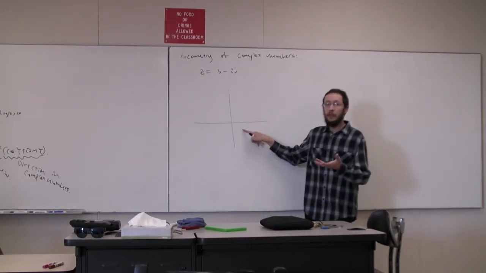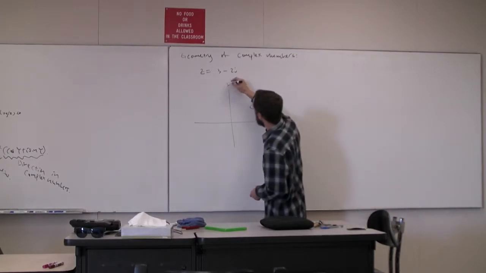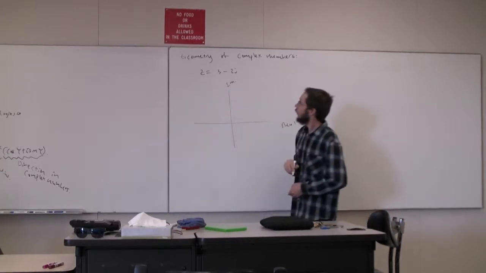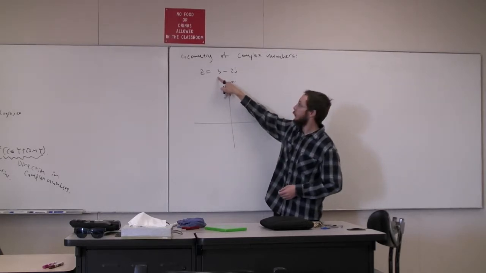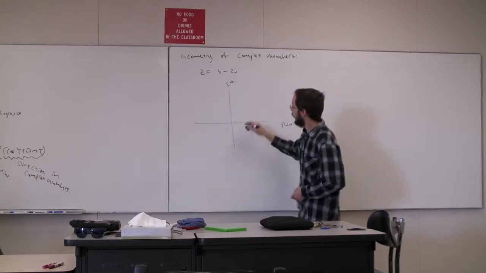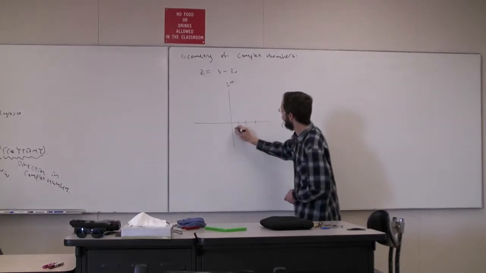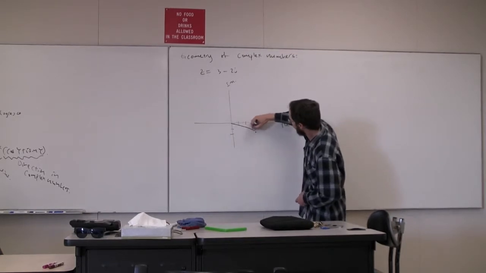Then we know that in the complex number system we've got a real axis and an imaginary axis, right? The 3 minus 2i says we're going to go out 3 units on the real axis and minus 2 units on the imaginary axis. So 3, negative 2i will be right here.